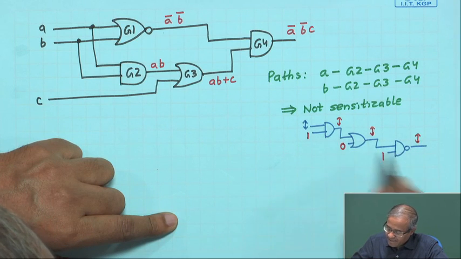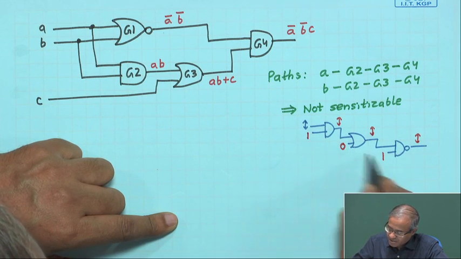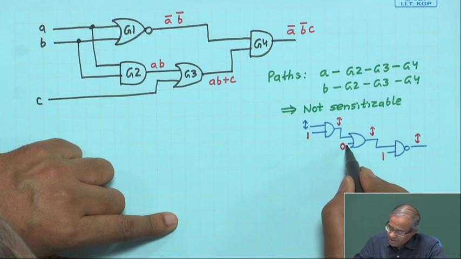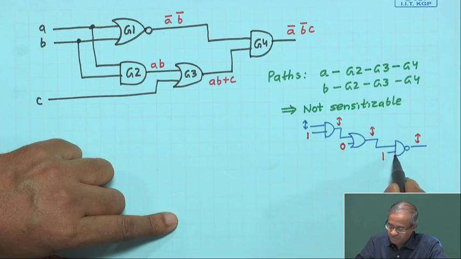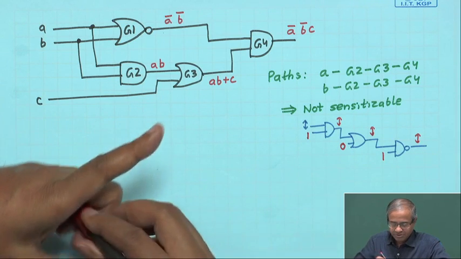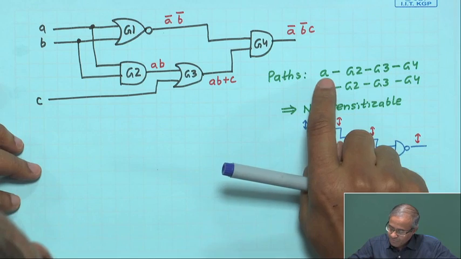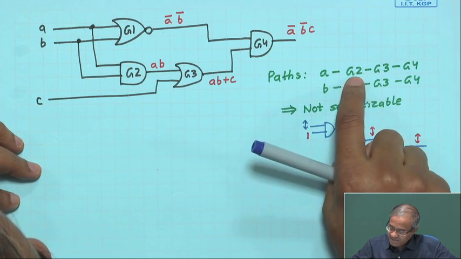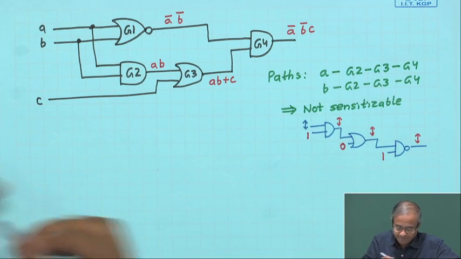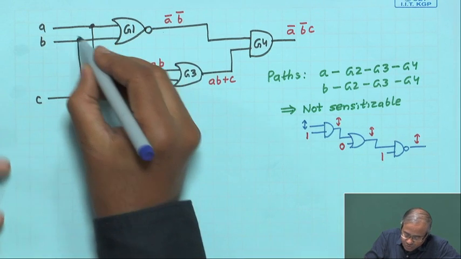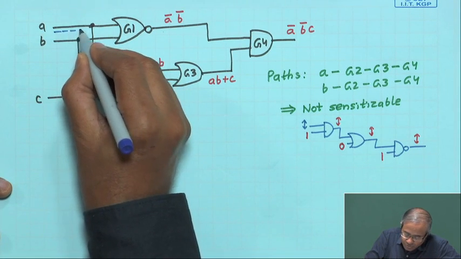Depending on the gate, the other inputs, or the side inputs, must be applied non-controlling values so that the change can propagate, right. So, in this circuit also, let us try in the same way: can we propagate a signal from A via G2, G3, G4? From A via G2, I am talking about this path.